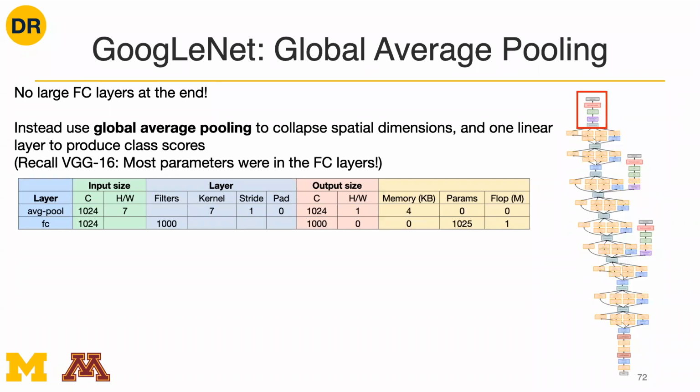So if you think about it, the average pooling here is basically taking an input of 1024 channels, let's say with H and W being 7x7. And they are doing the average pooling over the entire input spatial size, right? Because the kernel size for the average pooling is 7.